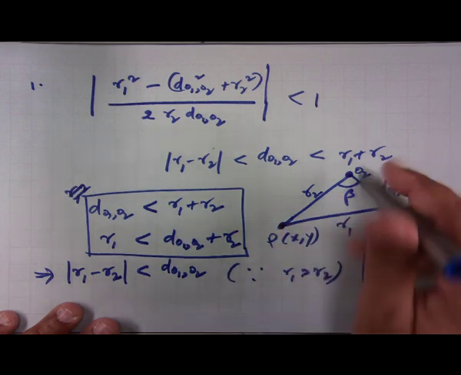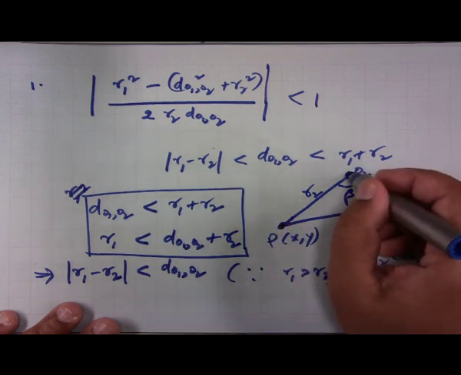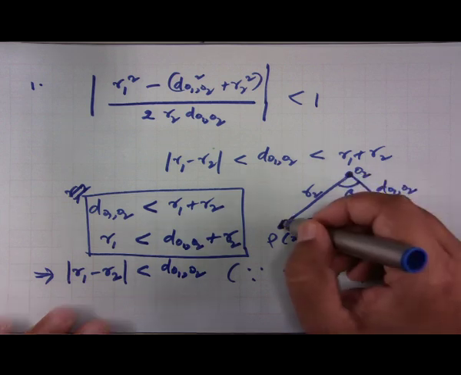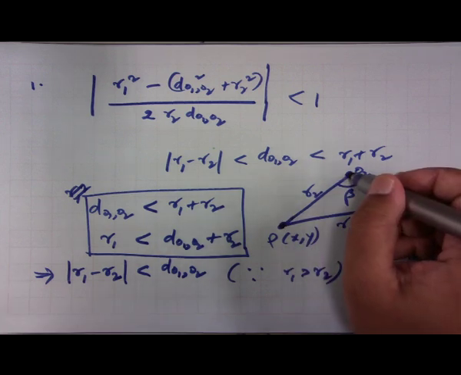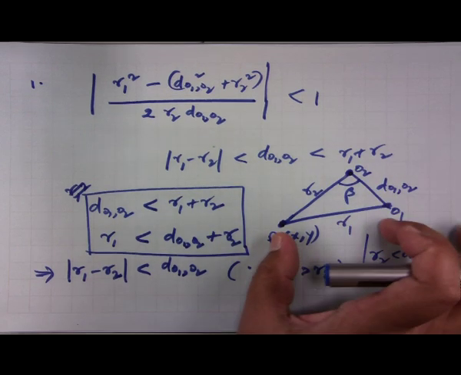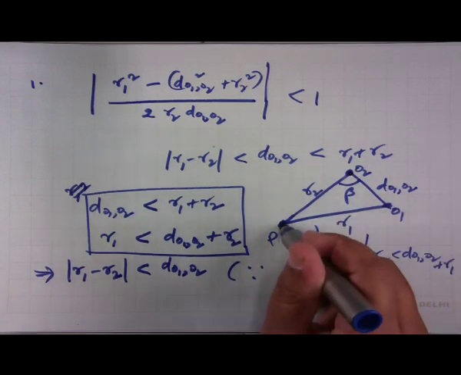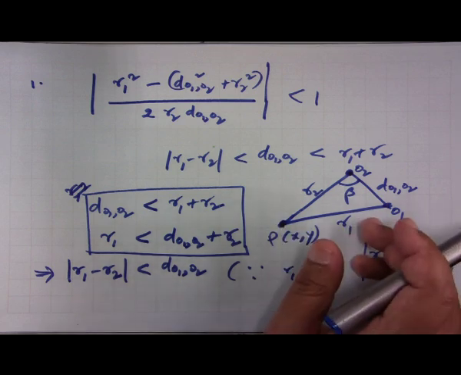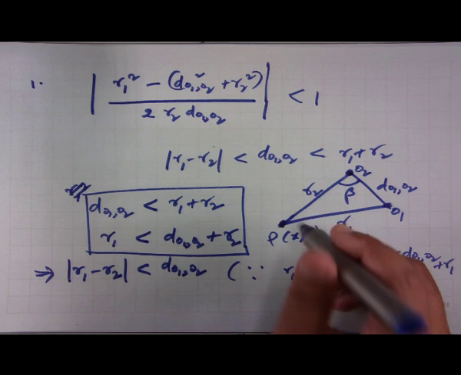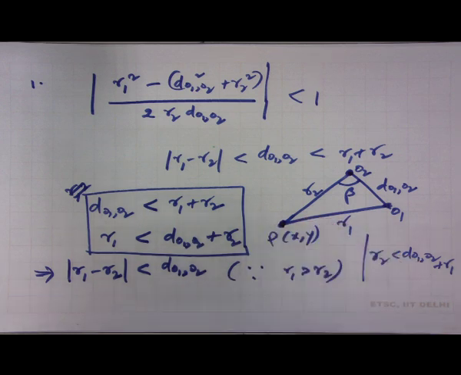But then we know that the radius of the second circle is R2, and therefore, this point must be on the second circle. Similarly, we know that the radius of the first circle is R1, and therefore, this point must also be on the first circle, and since it is on both the circles, it must be one of the points of intersection, which means that the two circles are intersecting.